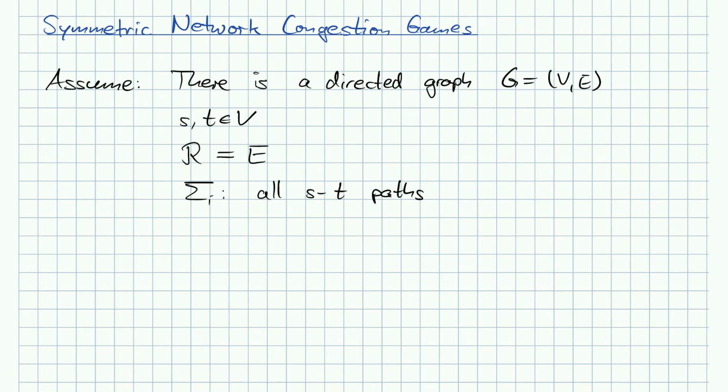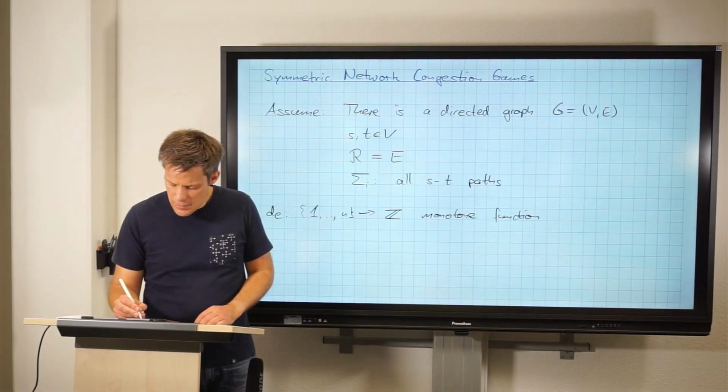And of course, as usual, we have delay functions now for every edge, because we once again have edges in our graph as our resources. And we also assume that this is a monotone function. This is different from our assumptions before, because so far we didn't care whether this function was monotone or not, but now we want it to be non-decreasing.